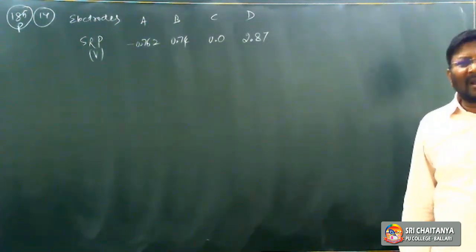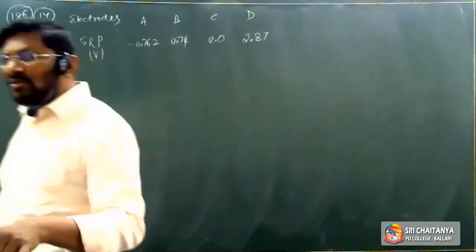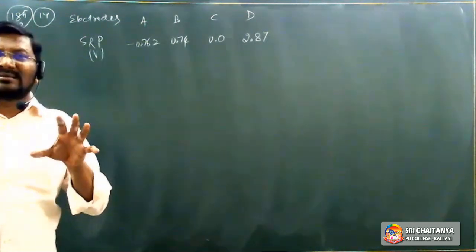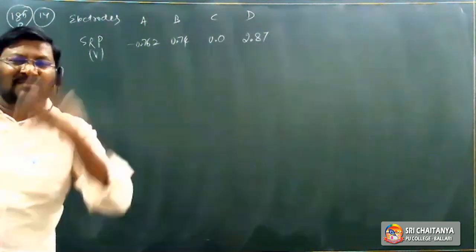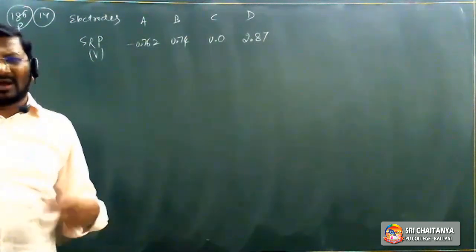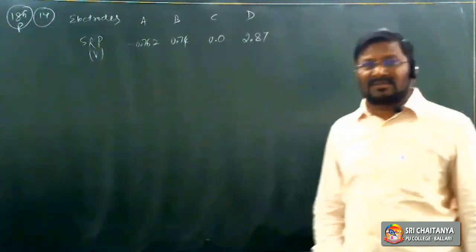Fluorine is a non-metal. What kind of tendency will non-metals have? Non-metals are always gaining electrons, so they are strong oxidizing agents.